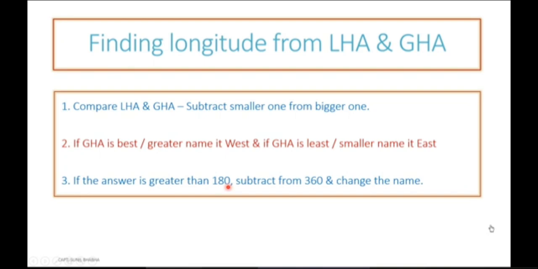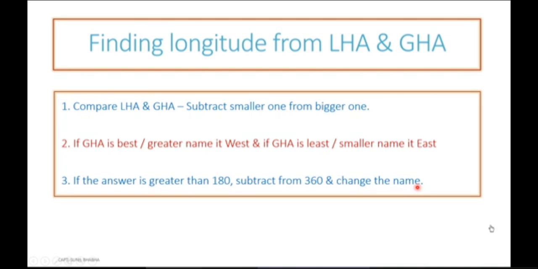So in case you get an answer greater than 180, subtract it from 360 and change the name. We had done the naming in step number 2 here. So if the value is greater than 180, you subtract it from 360 and you also change the name. The value coming more than 180 basically tells you that it is in the other hemisphere. So you subtract it from 360 and change the name.